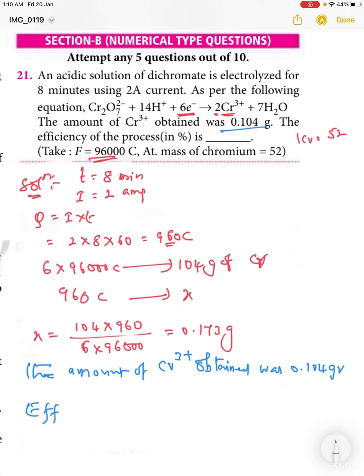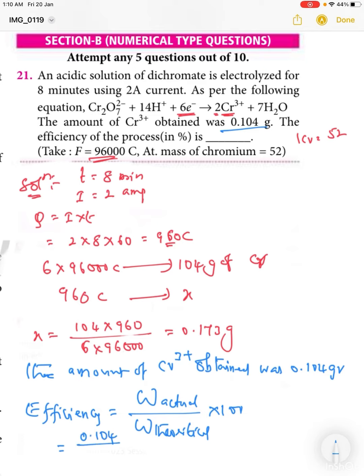Then the efficiency equals actual weight by theoretical weight into 100. Just substitute the values. Efficiency equals 0.104 by 0.173 into 100. So that is equal to 60%.